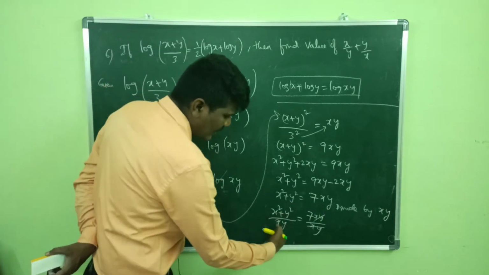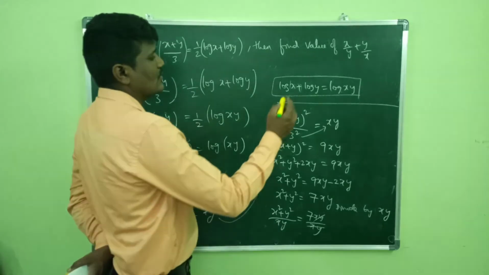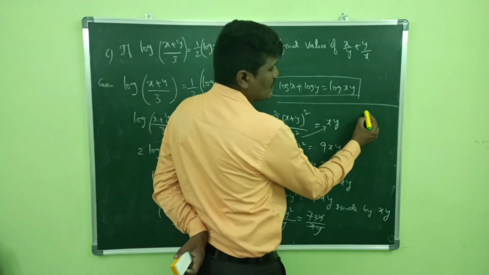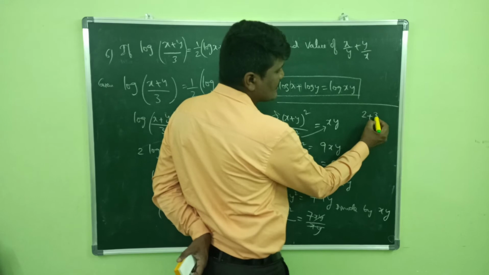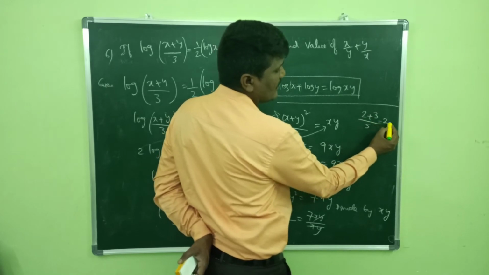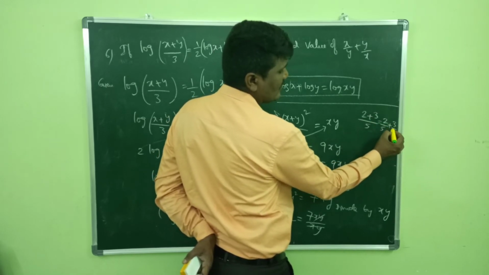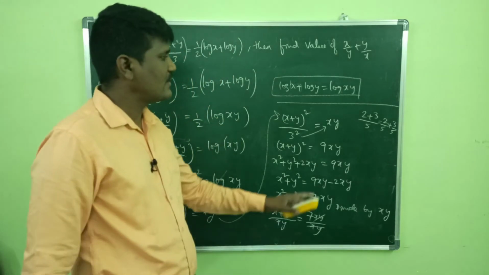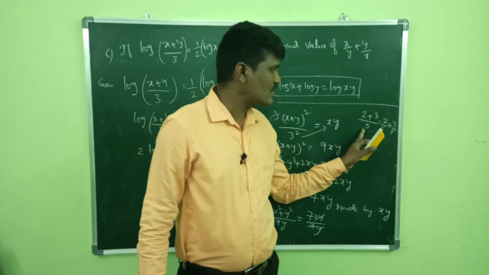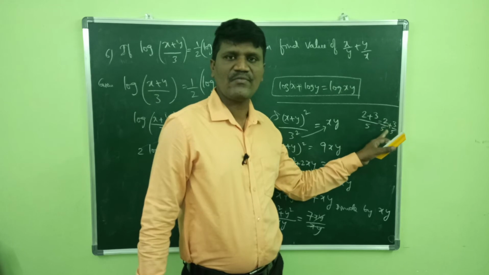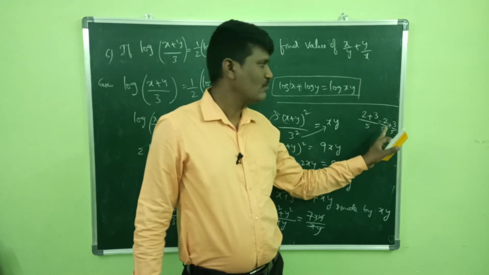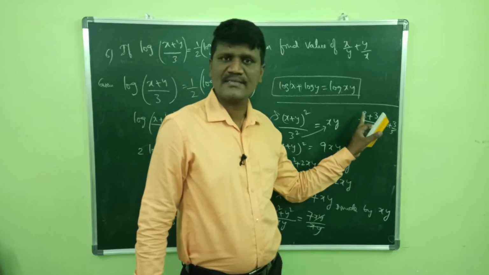If you observe the formula, if it is 2 plus 3 by 5, then I can write 2 by 5 plus 3 by 5. Both are equal. If you take the LCM of this, you will get the same value.